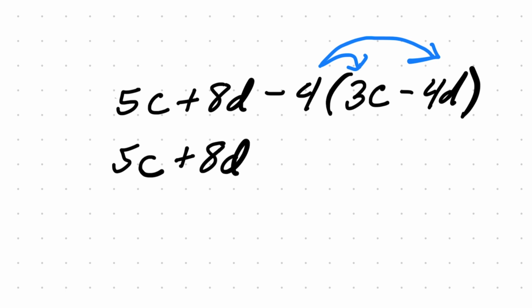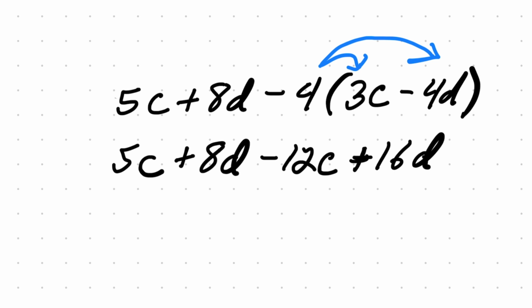You cannot do anything with that because we first have to do the distributive property. So negative 4 times 3c gives you negative 12c. And then negative 4 times negative 4d gives you negative 16d. I mean positive, because negative times negative is positive. So always make sure to not ignore the signs. For example, negative times negative is positive.